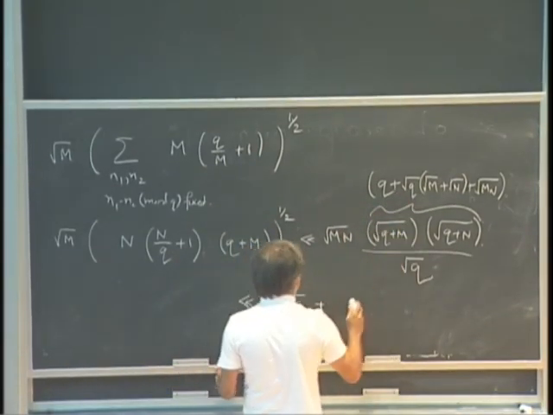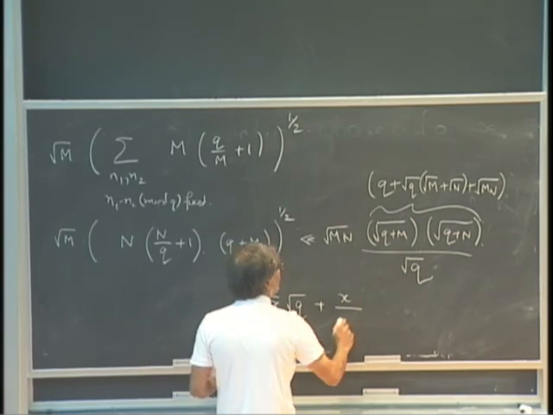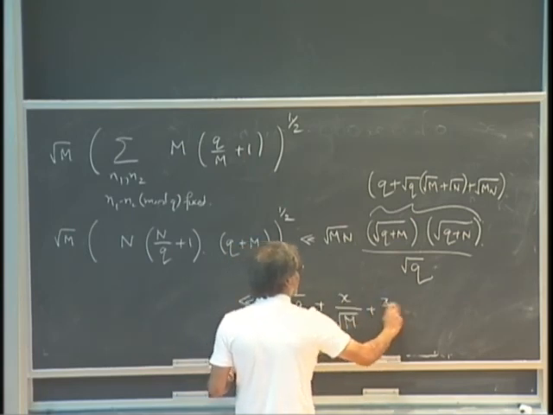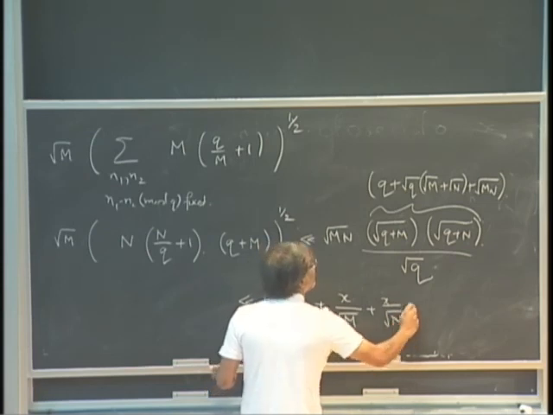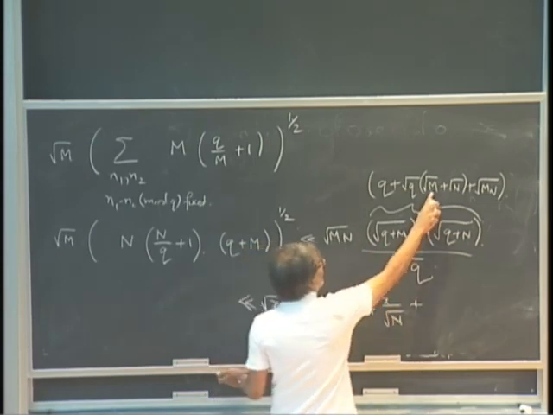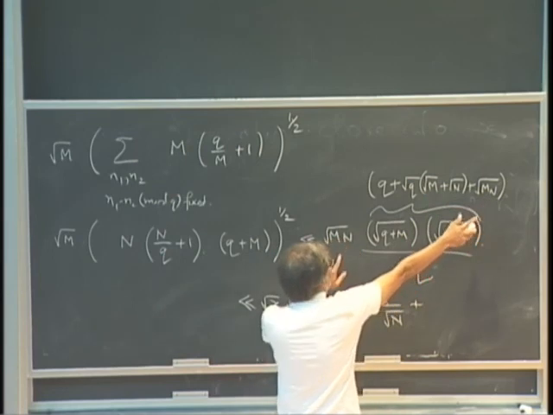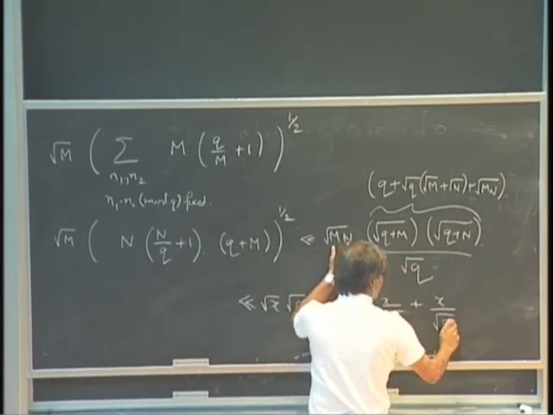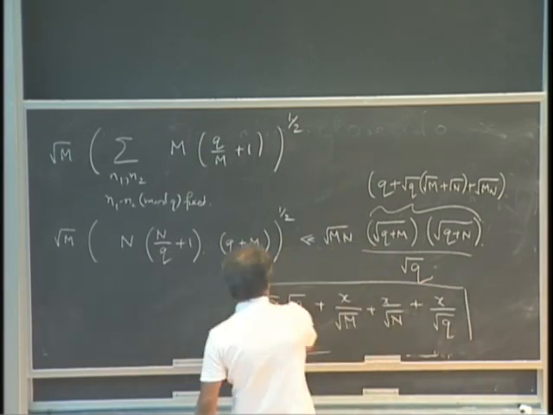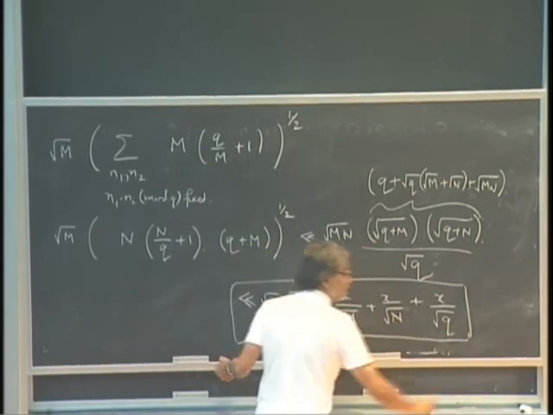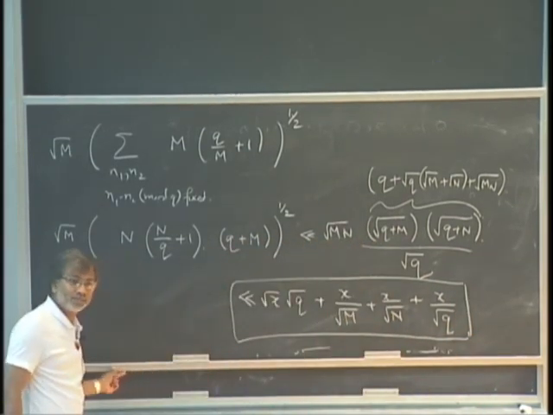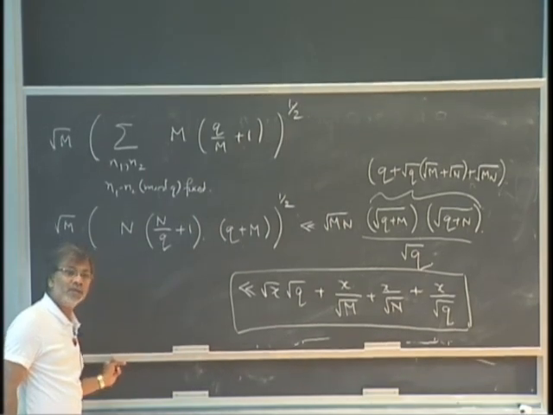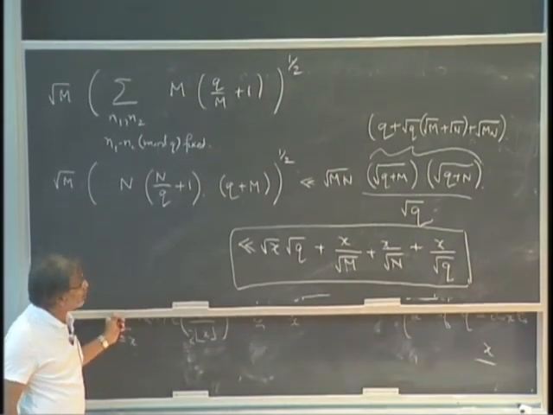And then I get x divided by square root of m plus x divided by square root of n, so that's from this. And then the last term, these two give me something of size x divided by square root of q. Apart from powers of log.